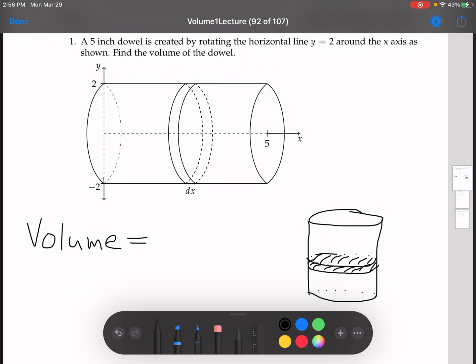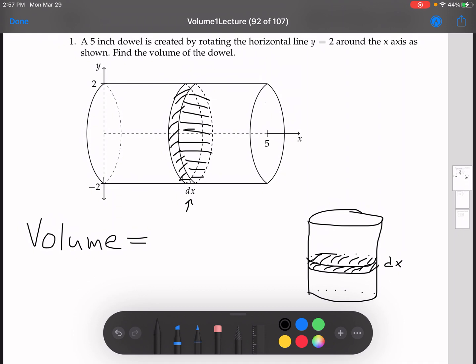Now we can think of the width of this arbitrary cross section. You can think of this as a stack of coins, and the width of a coin would be our dx. That's exactly that dx there. Here's a stack of coins on its side. There's one of my coins there.